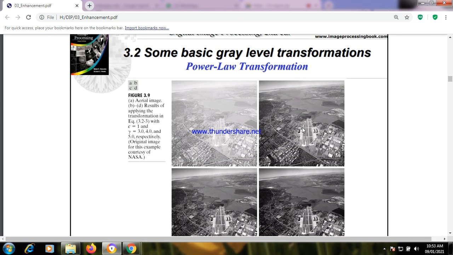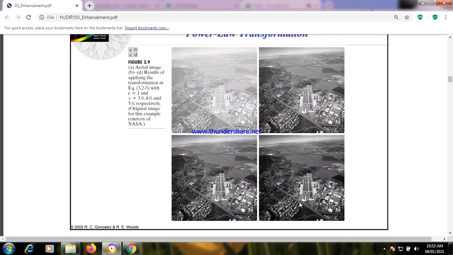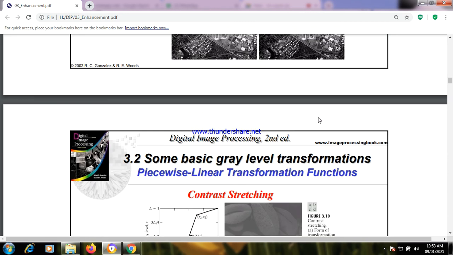In figure B, the value of gamma is kept for 3, right? In figure C, it is made as 4. In figure D, the gamma value is equated to 5. Hence, by varying the gamma values, you can have images with different clarities. That is the meaning.